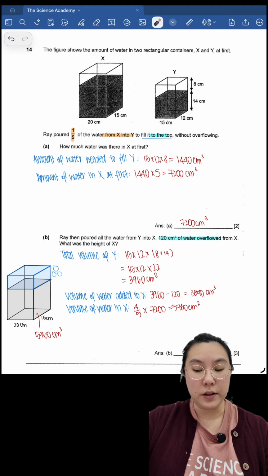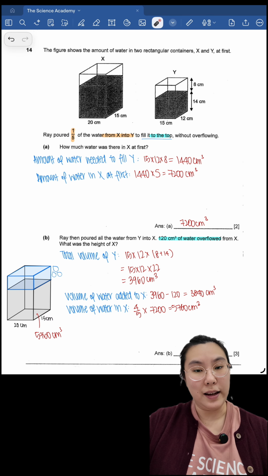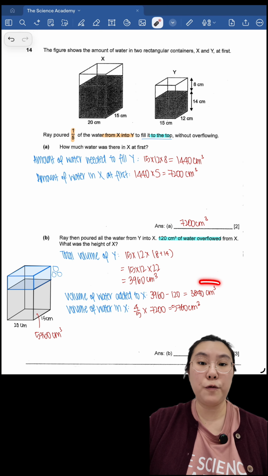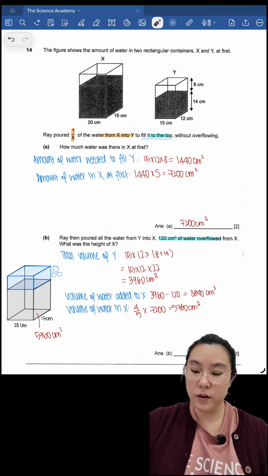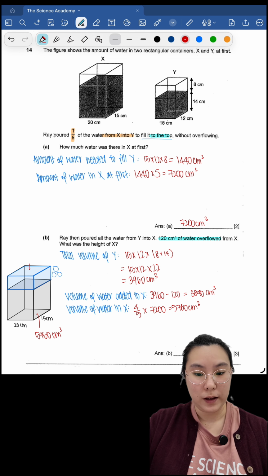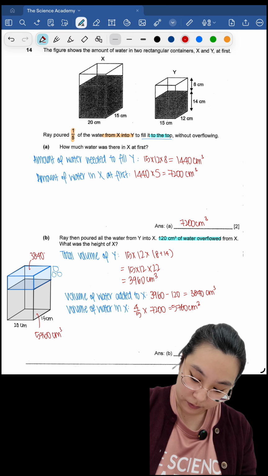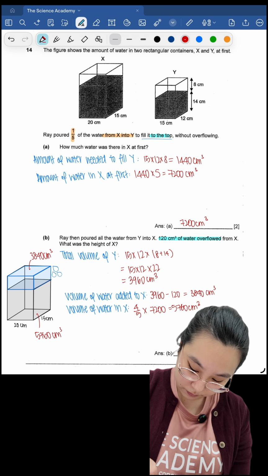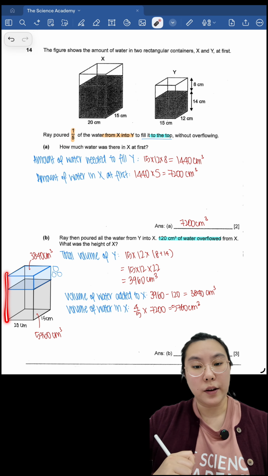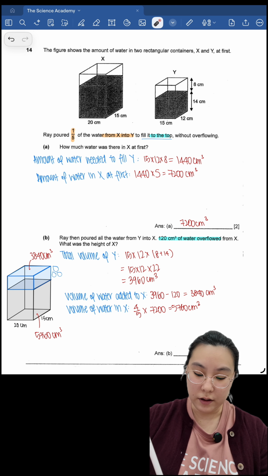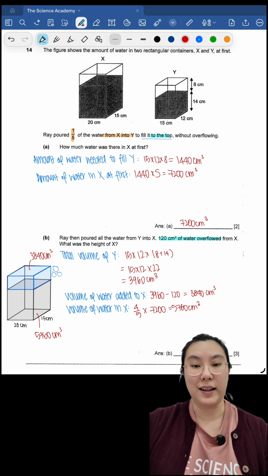So this 120, we do not add it in. Instead, we only find how much water could fit into X, which would be 3,840. With that, we are now able to find the total volume of container X.